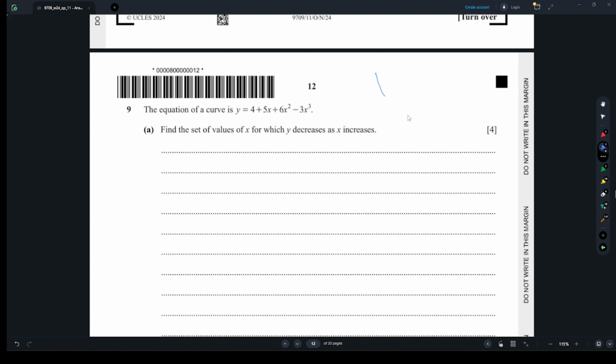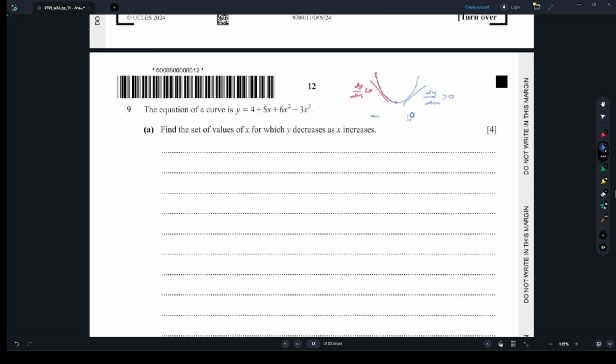Let's say we have a graph here and we have a particular point. In this part, if I draw a gradient, here the gradient is negative, right? So here dy over dx is negative. And if I consider the other part here, dy over dx is positive, right?